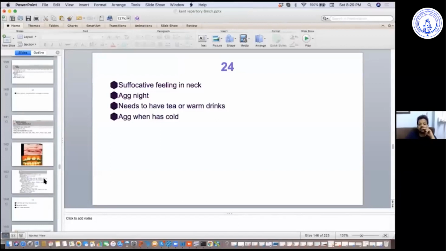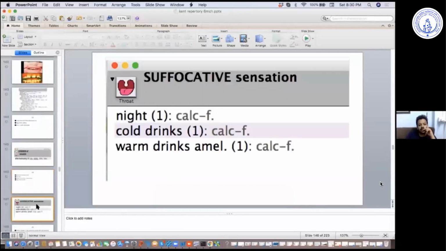Yes, Dr. Priyanka. Any more suggestions? So let's see, what is the thing? Throat, suffocative sensation, cold drinks, at night, better by warm.